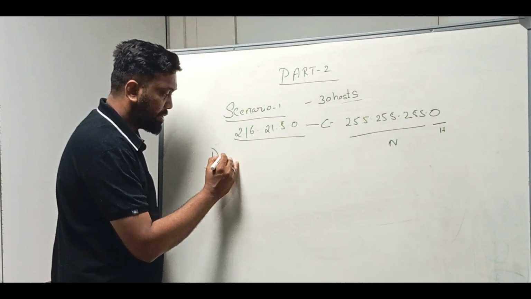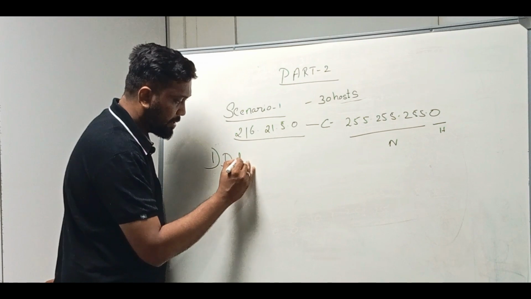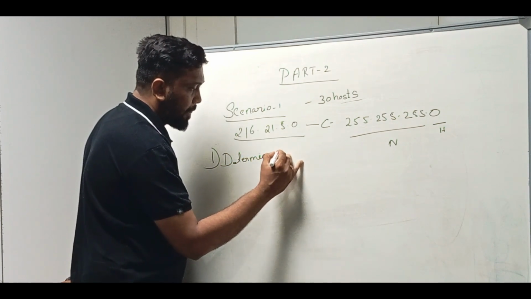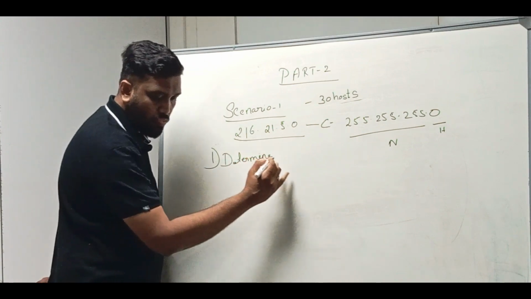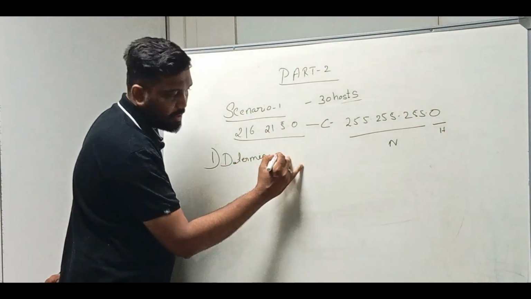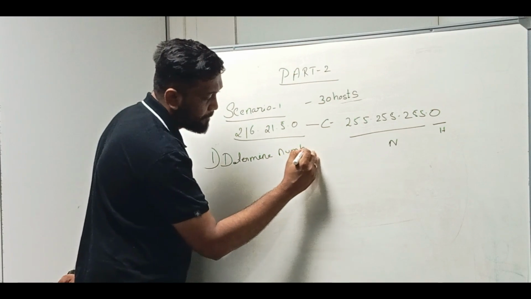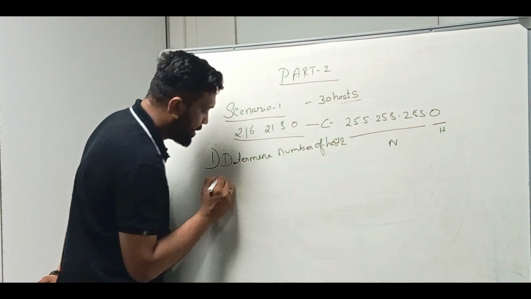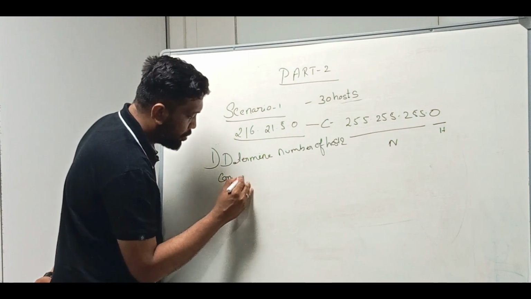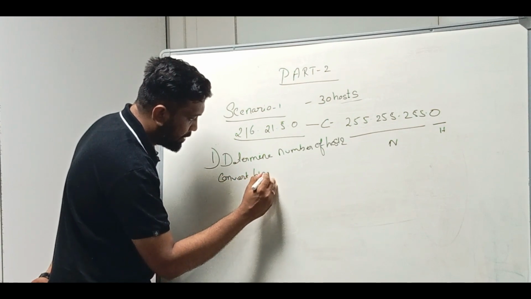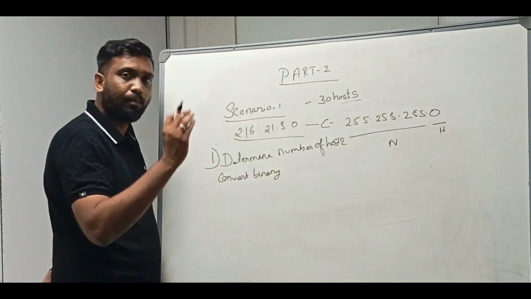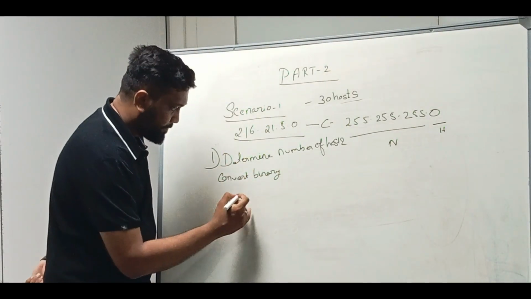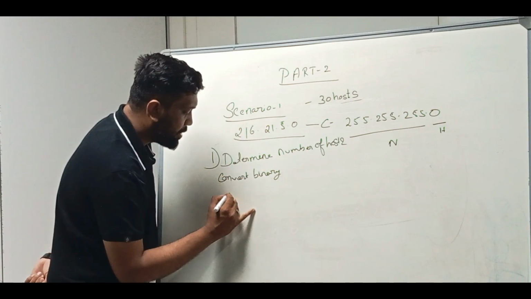Okay, let us do the calculation. Determine the number of hosts and convert to binary. The calculation is almost similar, but only one step will differ. Let us do that. 30 is my requirement.